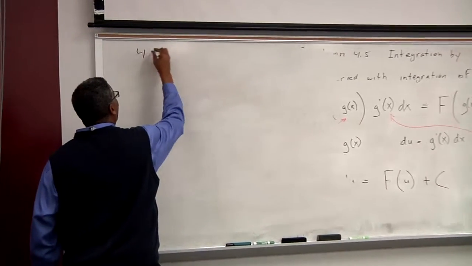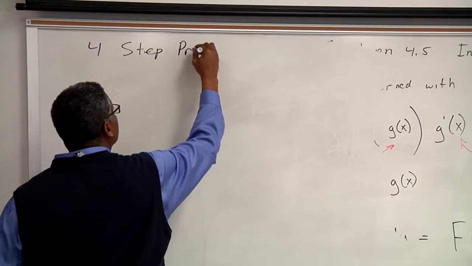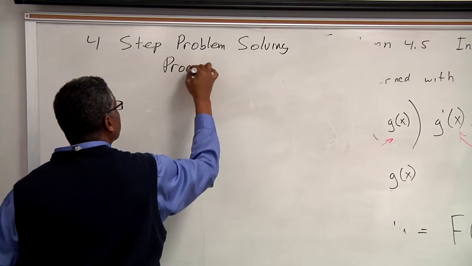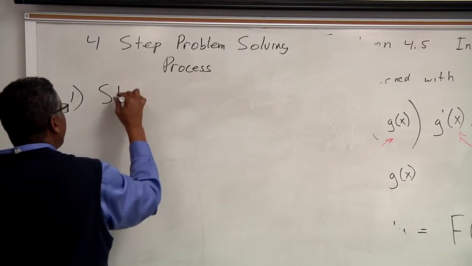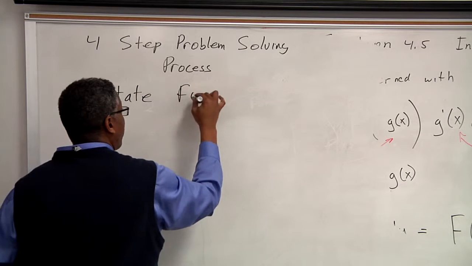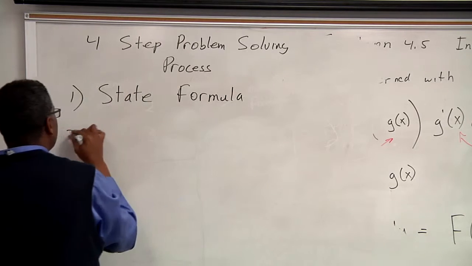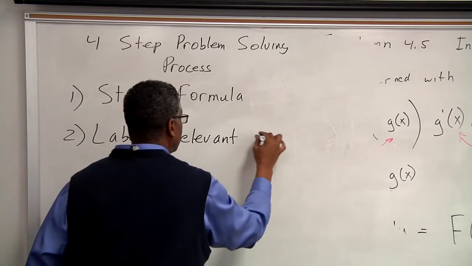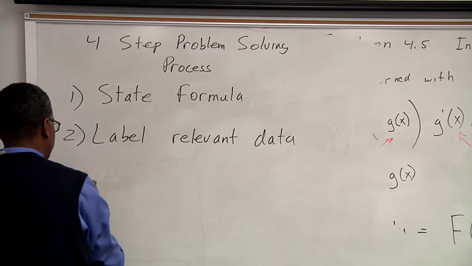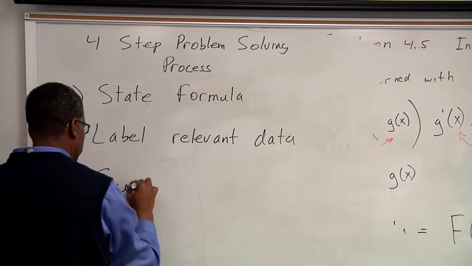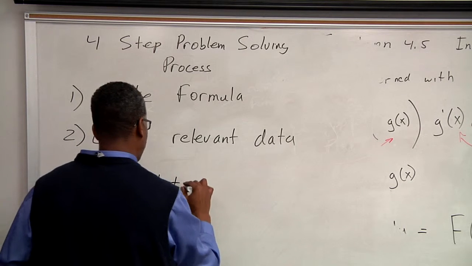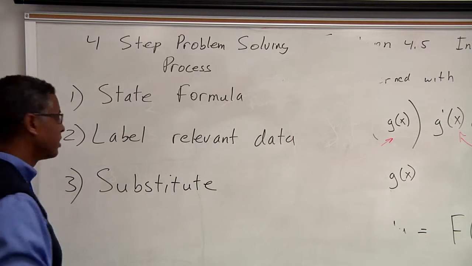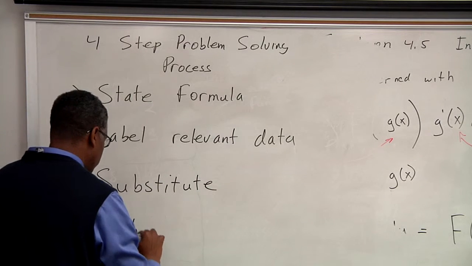So the four-step problem solving process we've been discussing is: one, you state the relevant formula; two, you label the relevant data; three, you substitute the relevant data into the formula that you stated; and number four, you solve the problem.